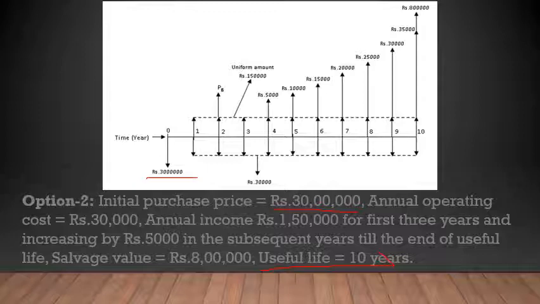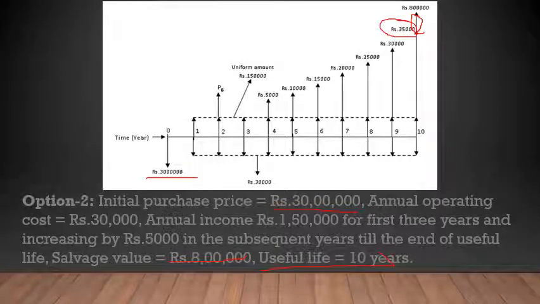That means 4th year it will be plus 5,000, 5th year plus 10,000, 6th year plus 15,000, like that it increases. And the last salvage value of rupees 8 lakh, represent that here. You can add it above the last value as 8 lakh rupees. This is in addition to the income value.